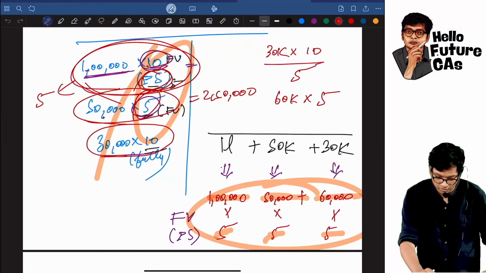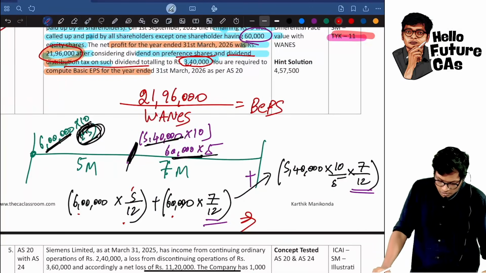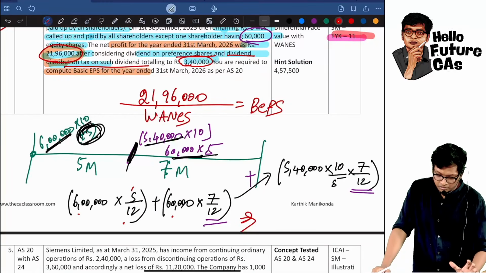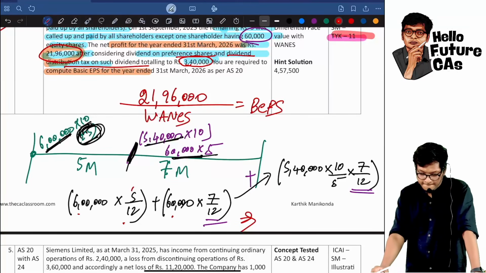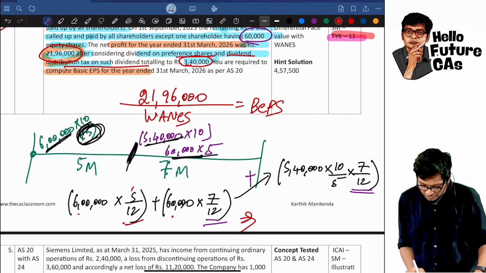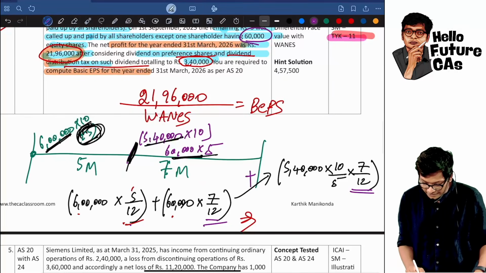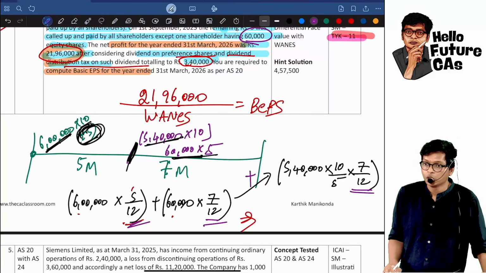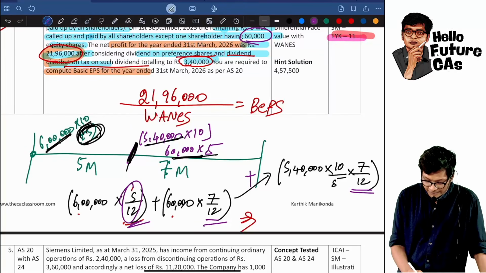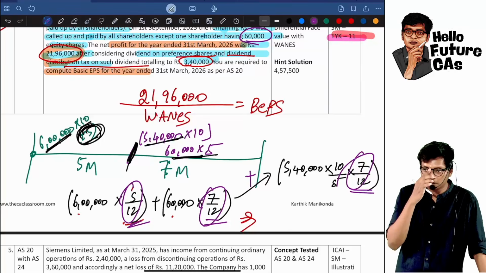Sorry, I don't think it will come correct. No, it's not correct. Because on time basis, the total should be 12 by 12. Here I'm doing 5 by 12, 7 by 12, 7 by 12 in time basis.